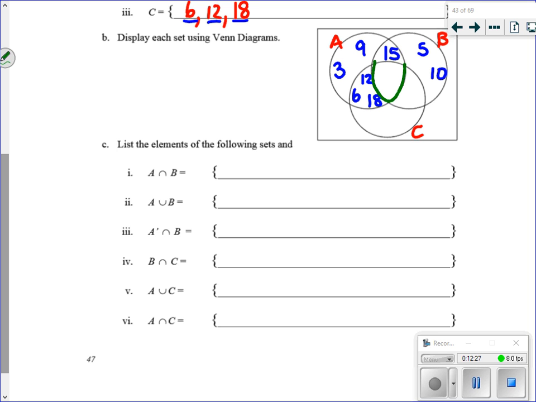That would be this whole area here. Oh, right, but if an element is in this section, it means it also intersects C. And that's not what this question is asking. It's asking just where A intersects just B. So just this part, not this part. Down here.